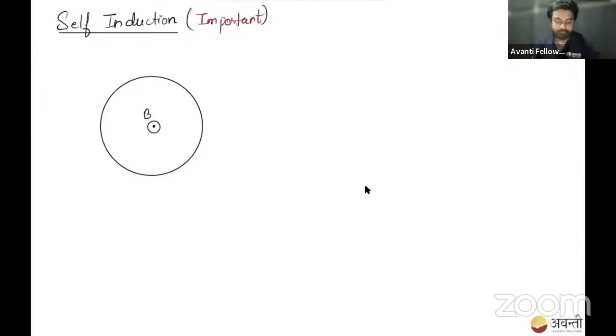So this is a coil and there is a magnetic field which is changing inside this coil. And let's say due to this change in magnetic field, EMF will be induced in this coil, correct? And let's say current is flowing because it is a complete circuit.